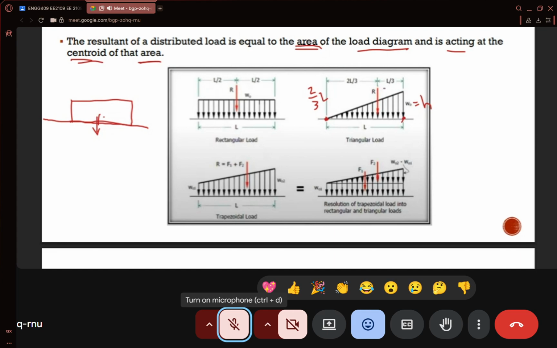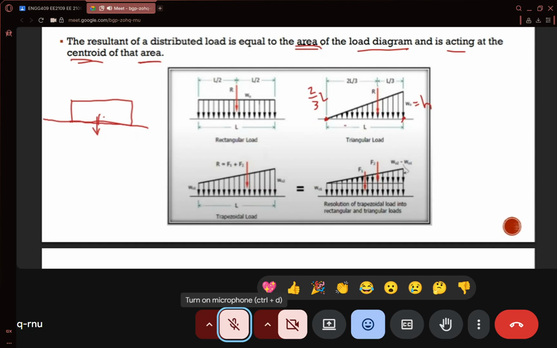Okay? So it's not technically on the center. Again, 1/3 of the length from the highest point of the height here, or 2/3 of the length from the lowest point, so that it's easy to remember for you. Okay, so that's for the position, and for the area, for the resultant, it's still the area.